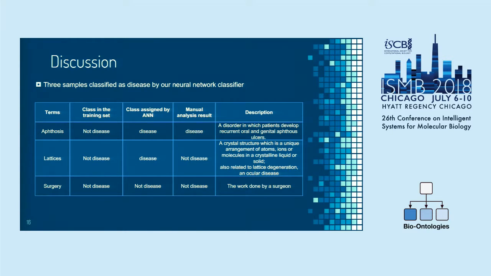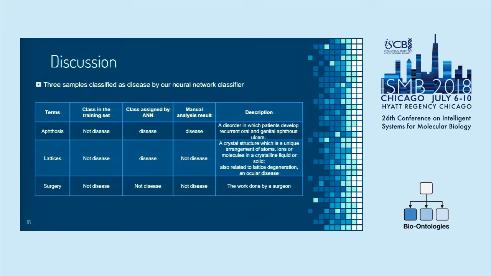Another example is lattice. Lattice by itself is a word to describe the shape of something, but our ANN classified it as a disease. But with manual analysis, it's not really a disease by itself. But when it comes within a disease term, it could describe that disease, for example, lattice degeneration.